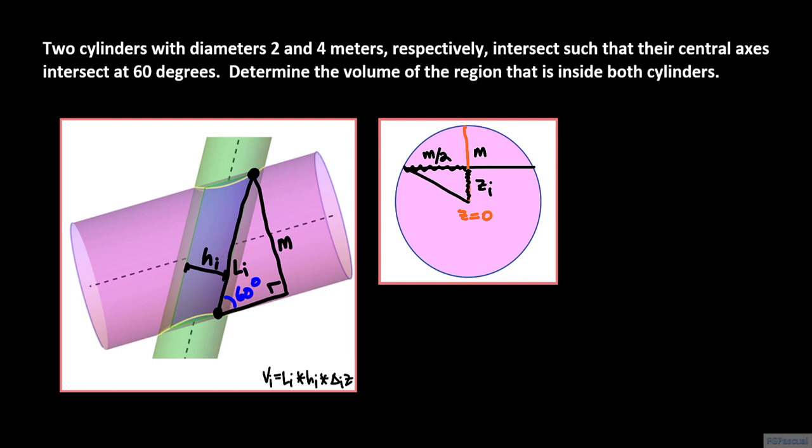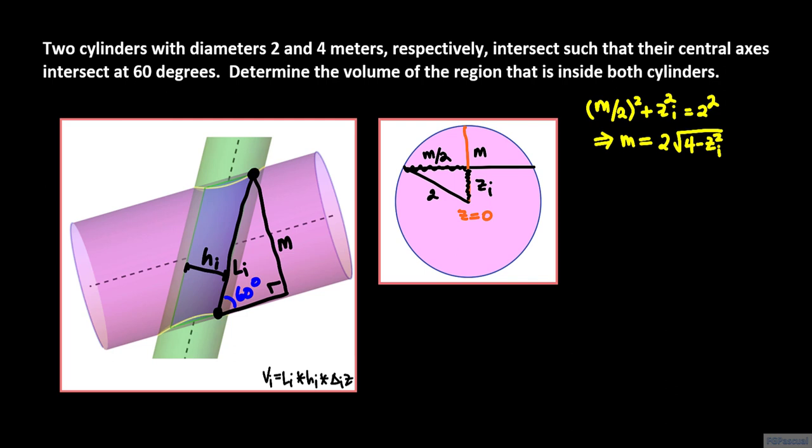With the radius of the big cylinder at 2 meters, the Pythagorean theorem says that the square of m over 2 plus z sub I squared equals 2 squared. Solving for m, we get m equals 2 times the square root of 4 minus z sub I squared.